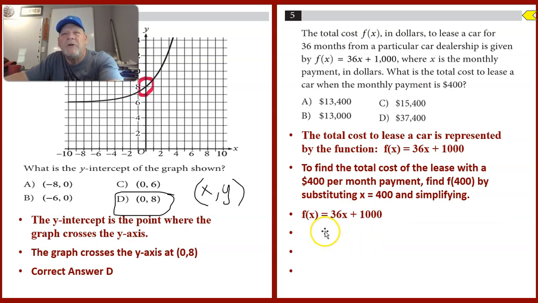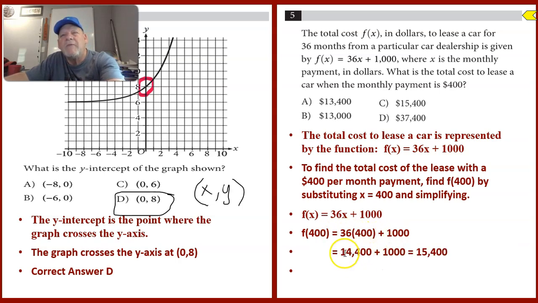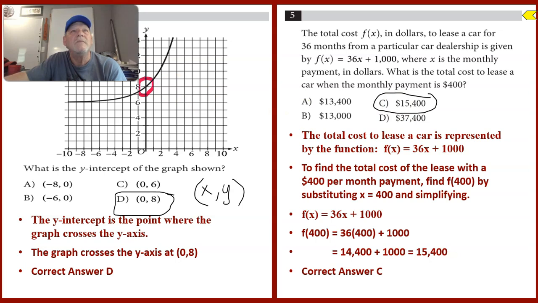So f of x equals 36x plus 1,000 is our original equation. f of 400 is 36 times 400 plus 1,000. Use your calculator. 36 times 400 is 14,400, plus 1,000 is 15,400, which is choice C. Hopefully you're able to get that one right as well.